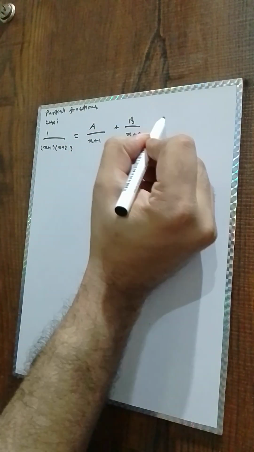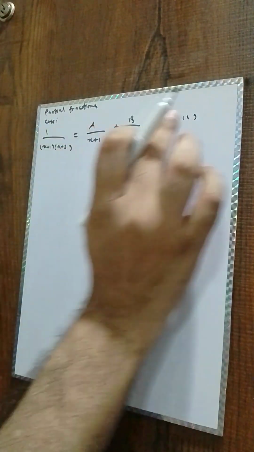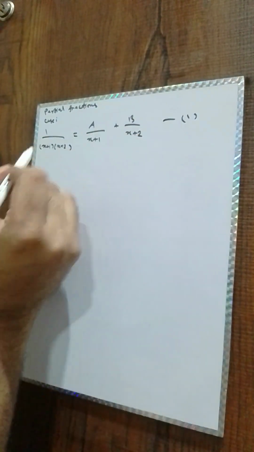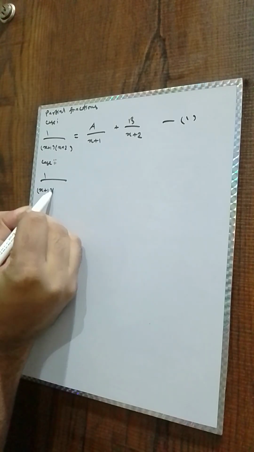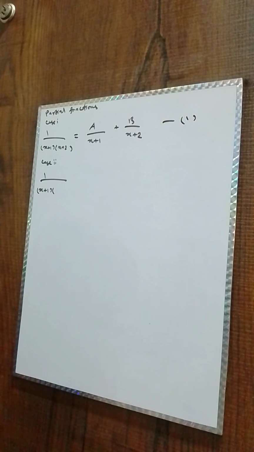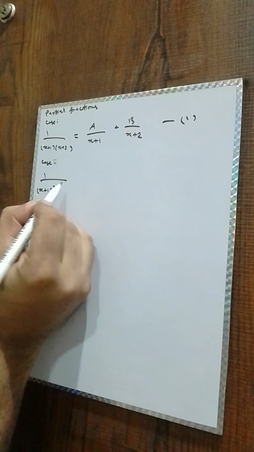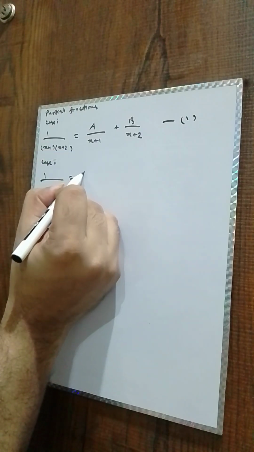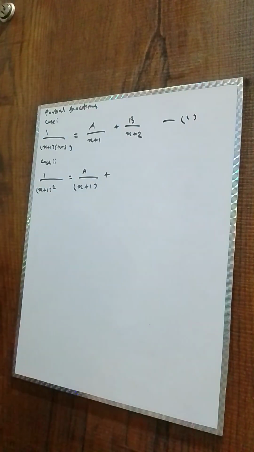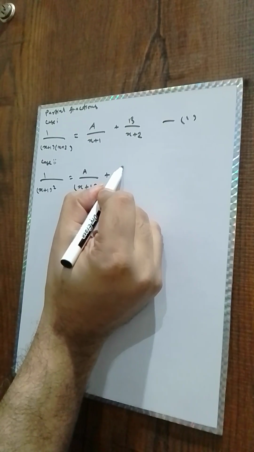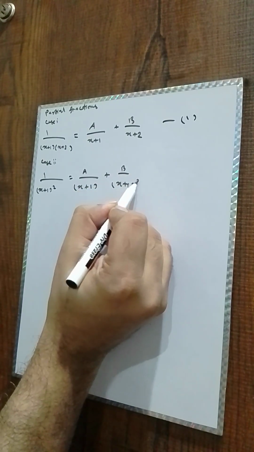These partial fractions are used in integration. So this is therefore the preliminary work. Okay, so case 2 says, let's call it 1 by (x plus 1) whole square. Yes, this is case 2, and this opens up like this: a by (x plus 1) plus b by (x plus 1) whole square.